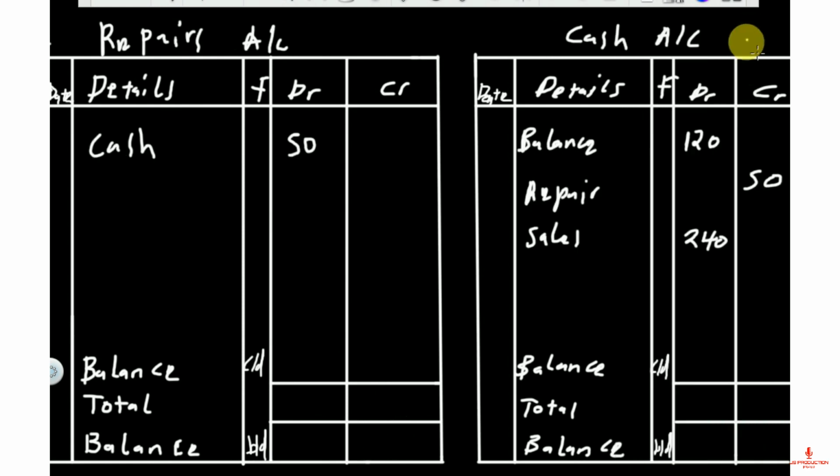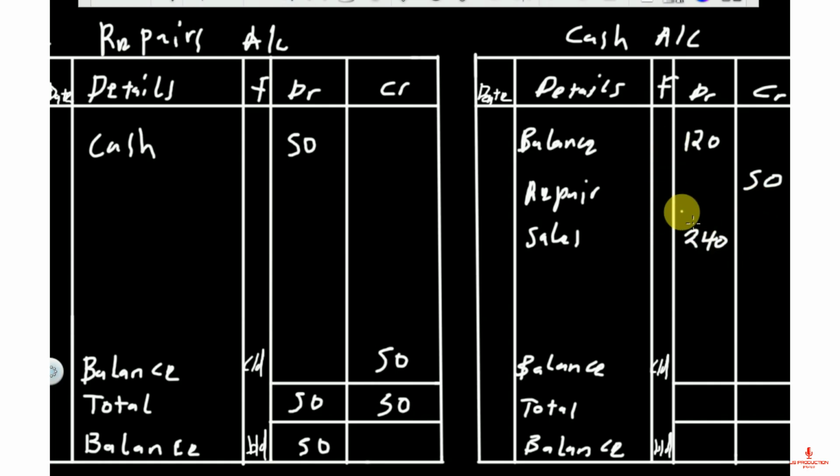Let us balance up for the repairs account. So we only have one amount there, and that's simple. Then for the cash account there, we have 120 plus 240 on the debit side, and we only have 50 on the credit side. So the amount here on the debit side is going to be large.